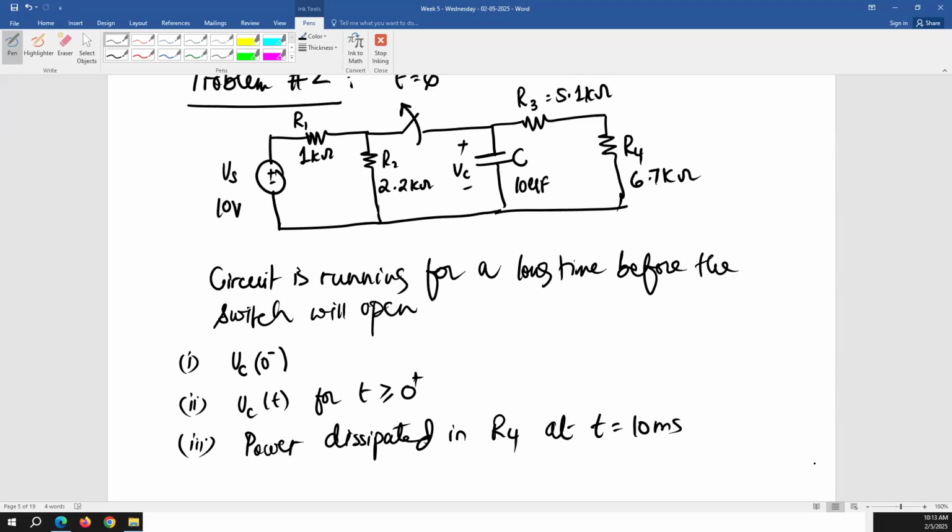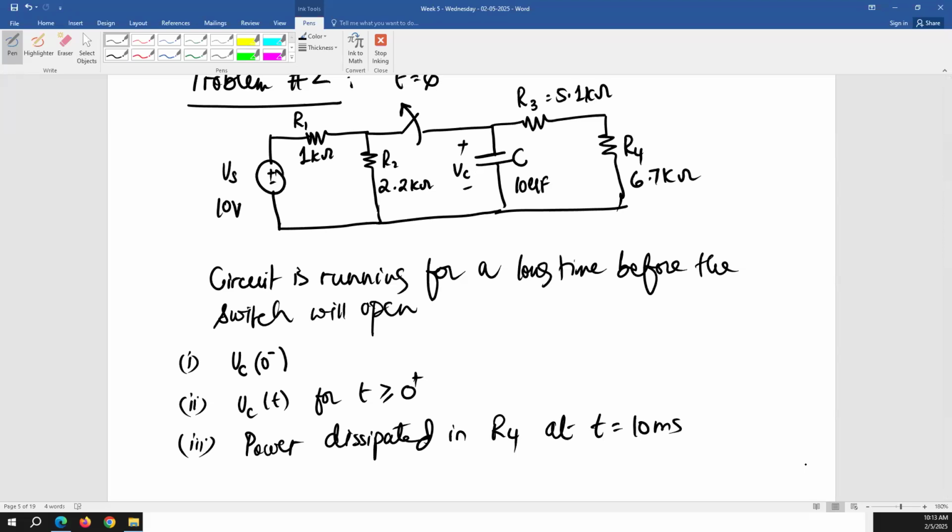So that's what we represent, basically right before the change and right after the change, and the change is happening at t is equal to 0. 0 negative is before it opens up, and 0 positive is just after it has opened up.